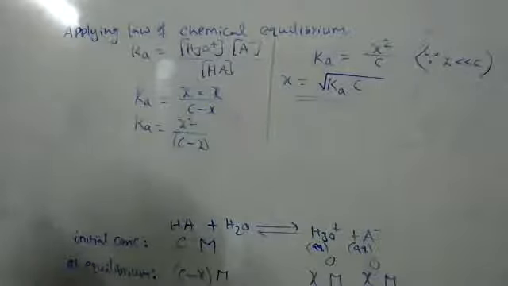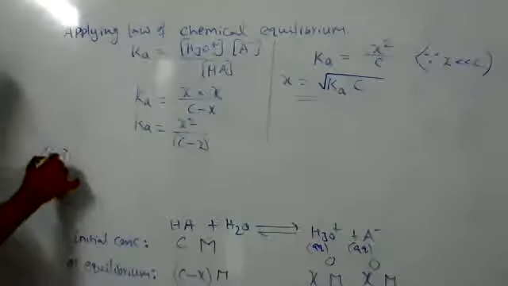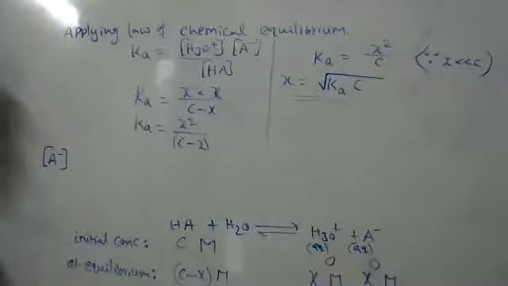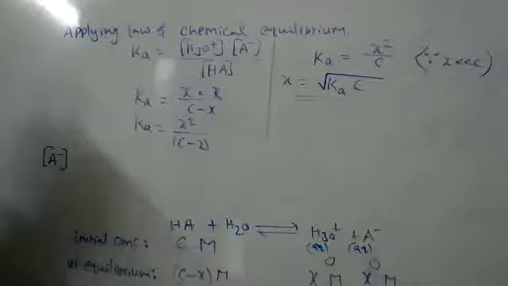The last line. So it is: the equilibrium concentration of H3O plus and A minus in the solution can be calculated.